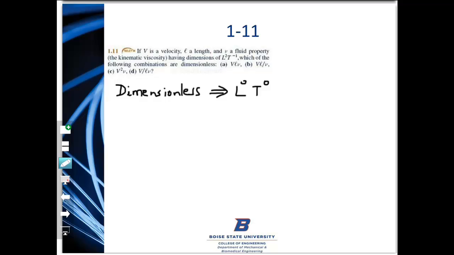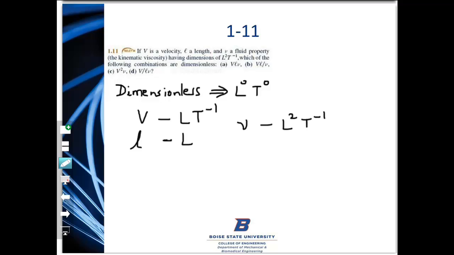And we know that for the problem V is velocity, so its dimensions would be some length scale over time, or L t to the negative 1, and for the little l, lowercase l, the dimensions would be some length, so L, and for the kinematic viscosity, we are given that the dimensions are L squared t to the negative 1.